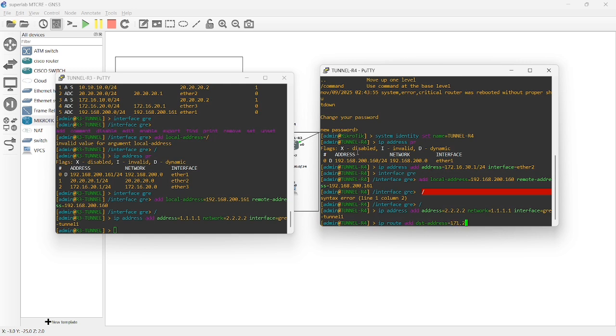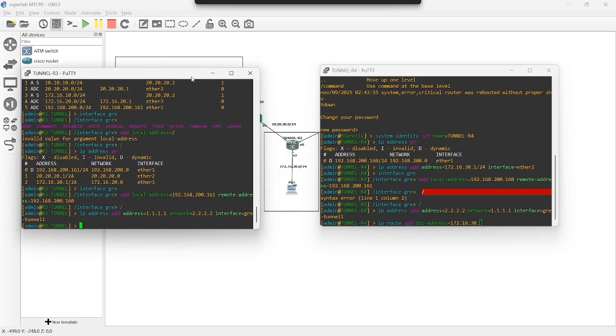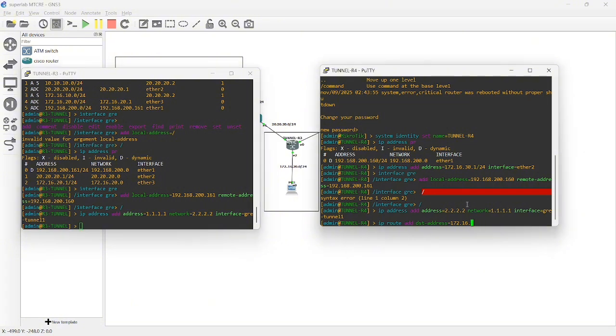Okay, we add the routing static to the PC and this IP is IP30 and the router 3 is IP20 for PC.